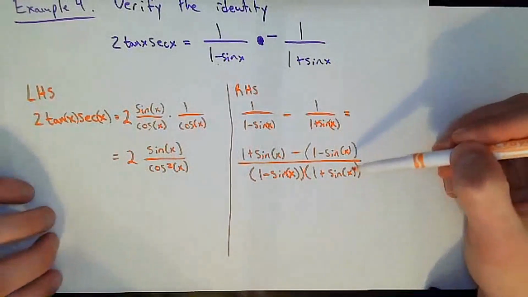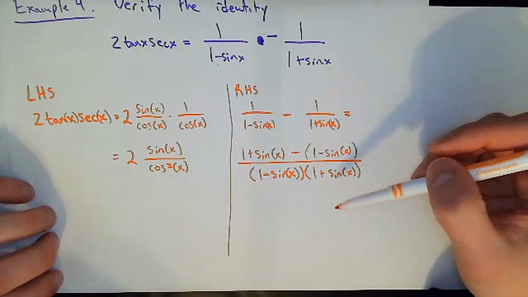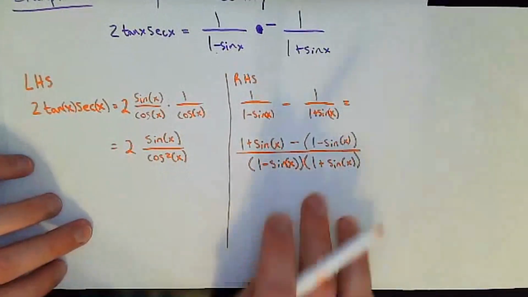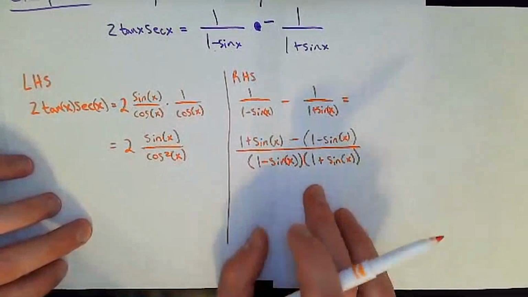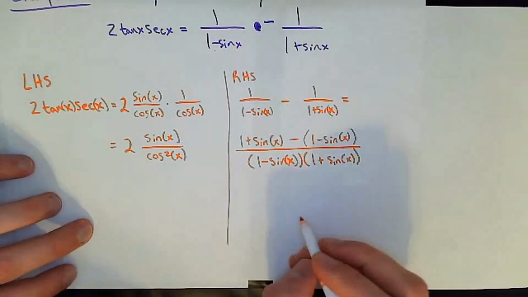So I encourage you to write out all the steps to get from here to here, write all the fraction work, just to make sure you're good with your fraction work. And if this makes good sense to you, if you can jump straight to this step, then that's where you want to be.